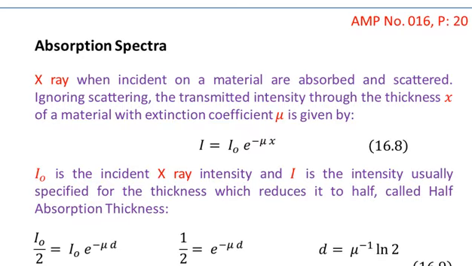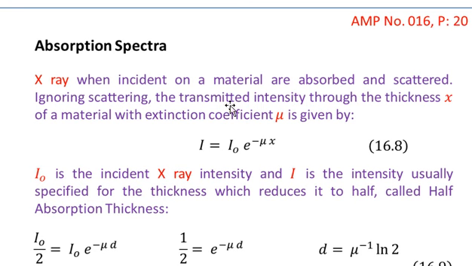Now I am going to discuss the absorption spectra of the X-rays. X-rays, when incident on a material, are absorbed and scattered. So when you shine an X-ray on any material, the material can absorb the X-rays and can re-emit them, or can scatter them.